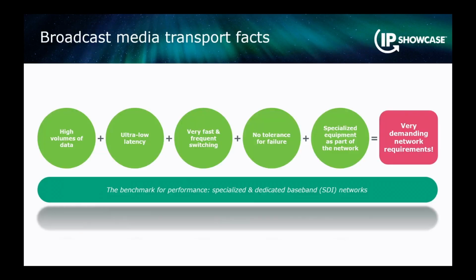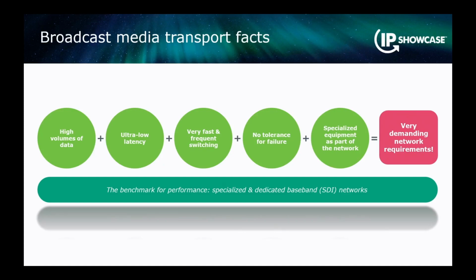If we look at that, we can see that there are a number of things that we can measure on, which are true in the media and broadcast space. First of all, we've got very high volumes of data. As was said earlier, we are here typically talking about uncompressed video. Uncompressed UHD is 12 gigabits per second per stream in these networks. We want it to be extremely low latency.